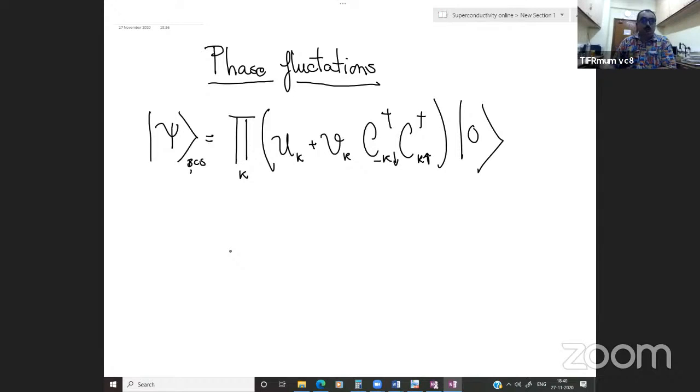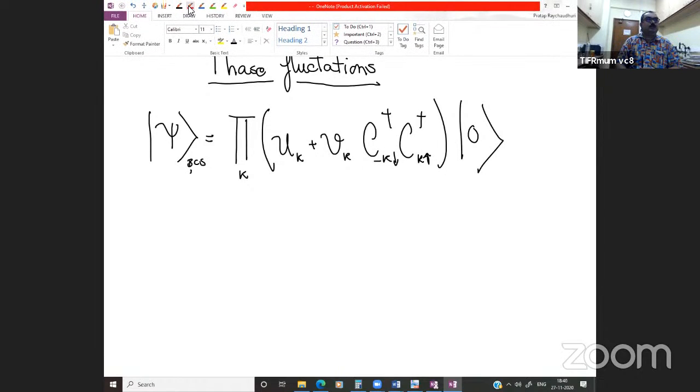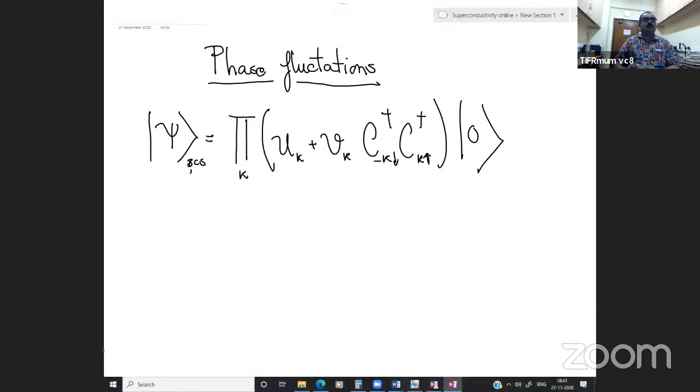But what we also pointed out is that when we write it like this, it's not the most general form. In the most general form, we also have to consider a phase factor, which comes in as e to the power i theta k.